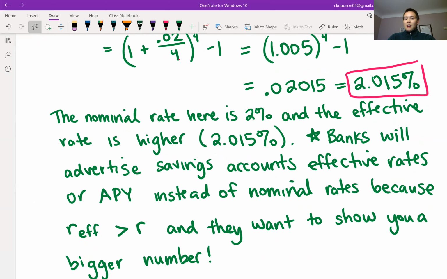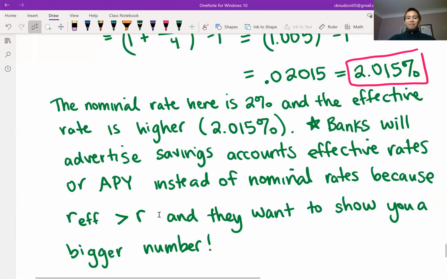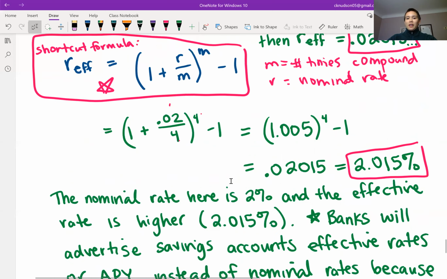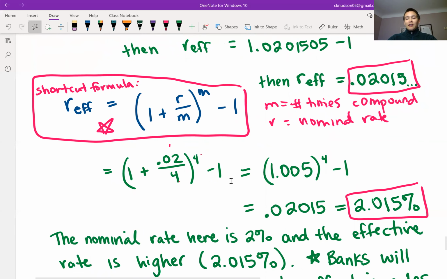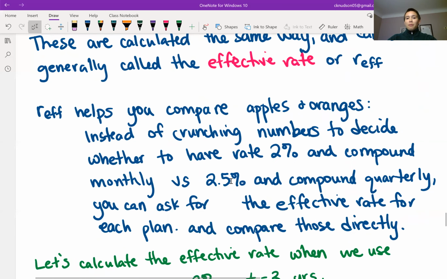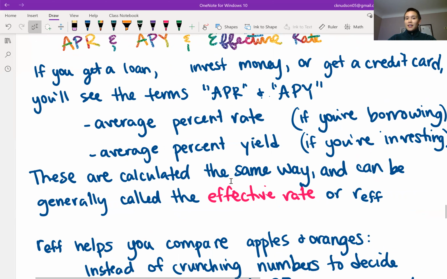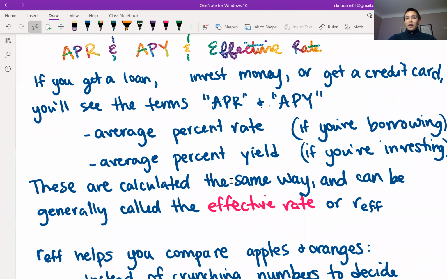They're hoping that maybe they'll confuse you and you'll think that there's no difference between the effective rate and the nominal rate, so that you'll choose their plan and they'll get more money out of you. All right, so that's how we calculate effective rate, and that's also called APY in the event that you're investing, or it's called APR in the event that you are getting a loan from the bank.